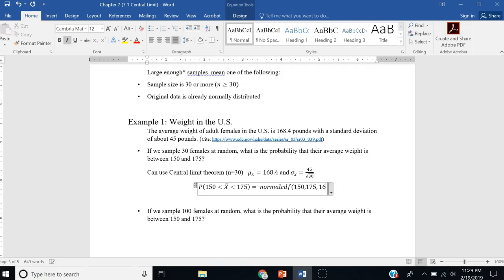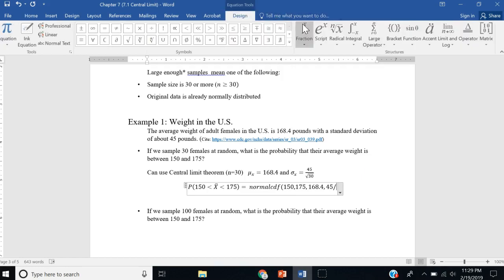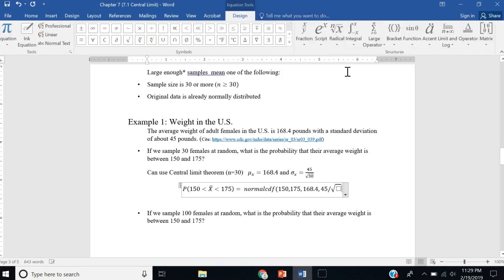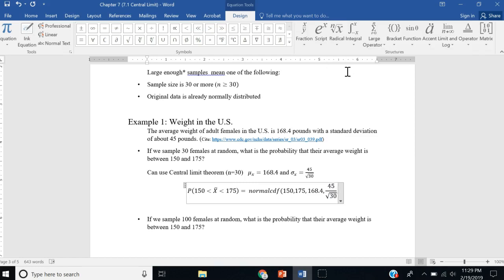So my mean is 168.4, and my standard deviation is going to be 45 divided by the square root of 30. All right? So that's how we utilize the central limit theorem.